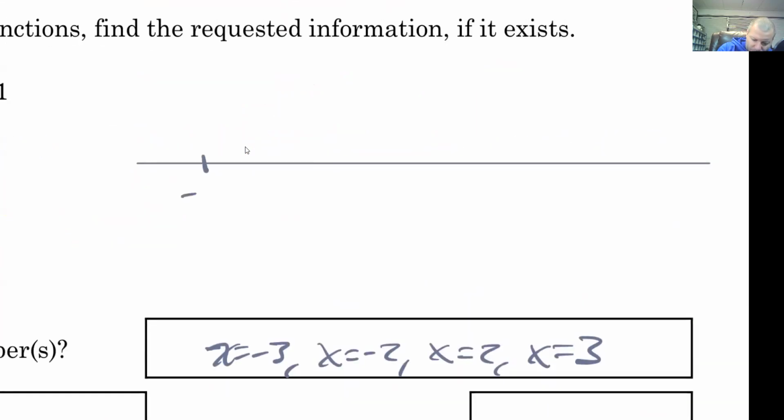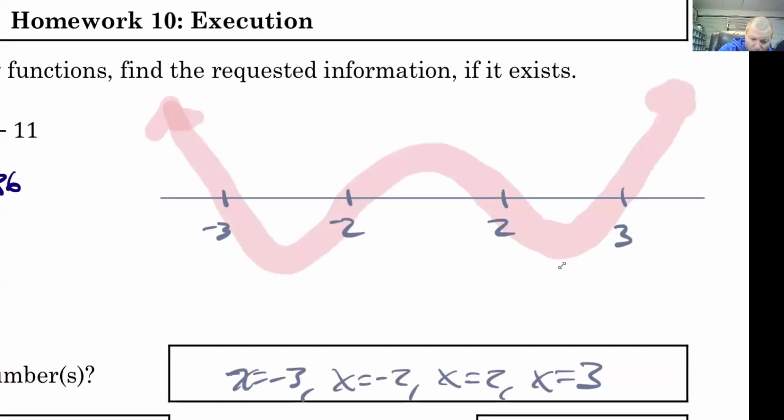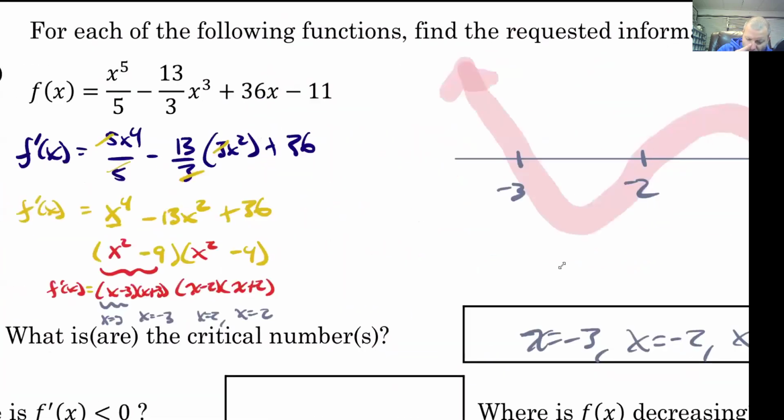We have a fourth degree function with a positive lead coefficient, so we're going to look like a W.